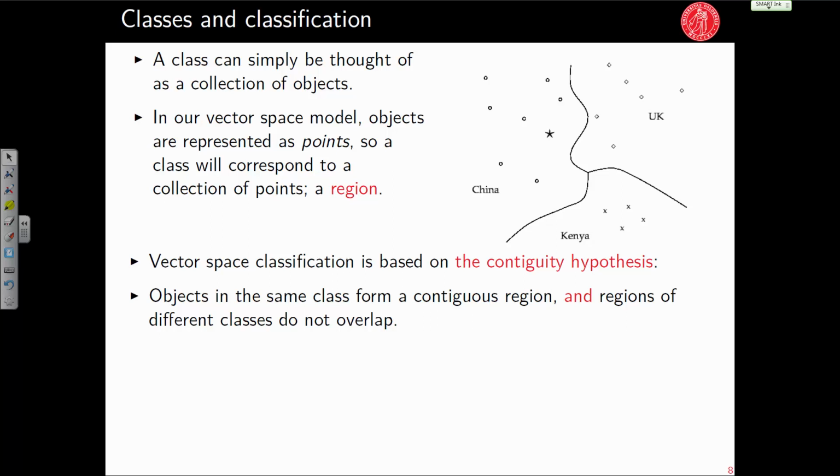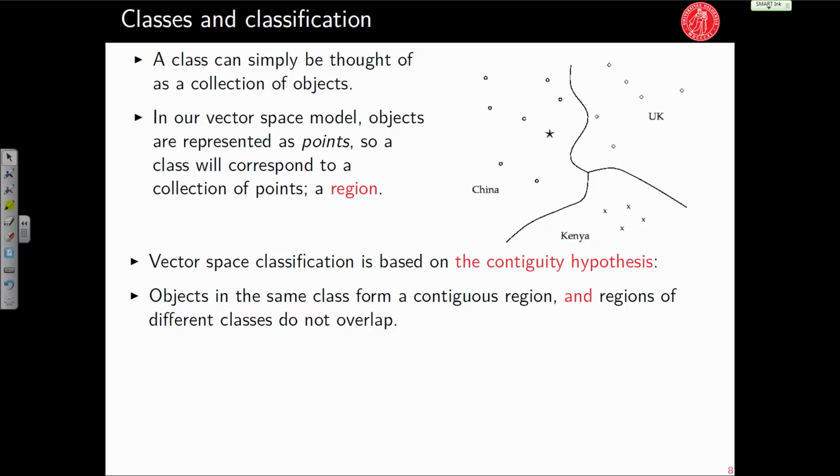This is what we call a contiguous region because there is no split in it. As you can see, there are no diamonds in the middle of the circles. So these are two classes, they are well separated, and they form contiguous regions.